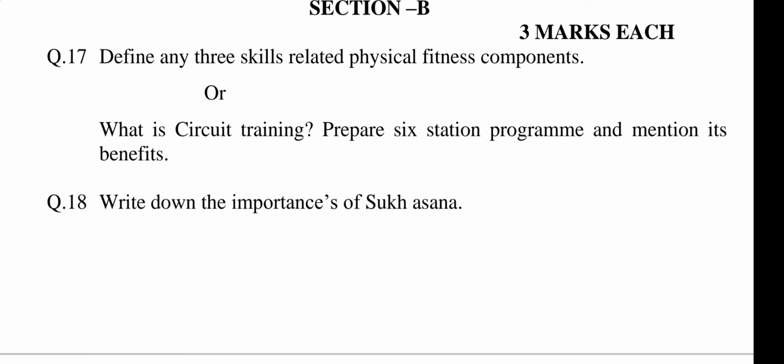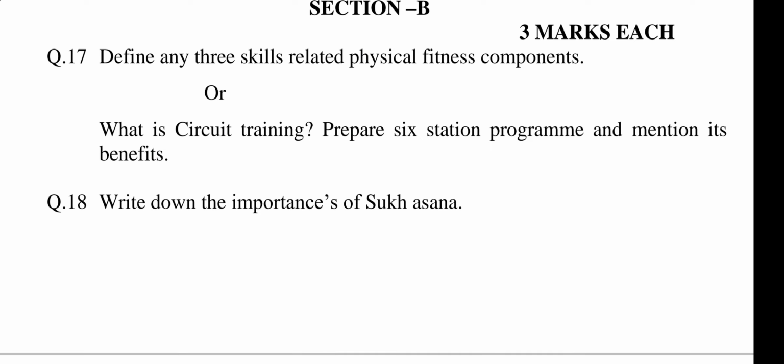There are 2 main types of strength. Number 1, static strength. Second, dynamic strength. Then dynamic strength has 3 types. Number 1, maximum strength. Second, explosive strength. Third, strength endurance. Then main point, second, speed.